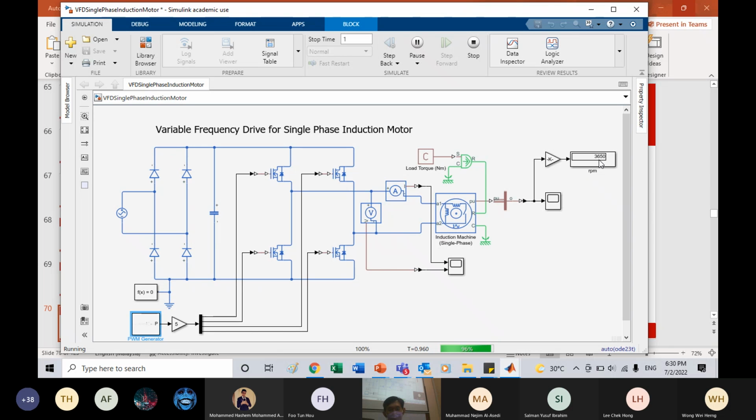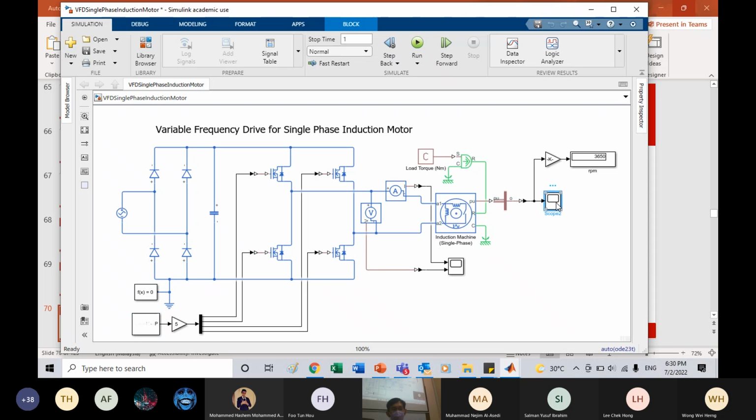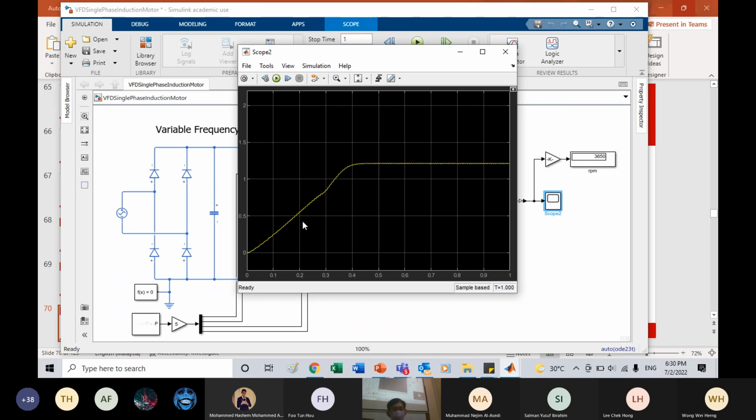So you will get roughly 3060. The scope will show you how the motor rotates from 0 RPM slowly to its nominal RPM.